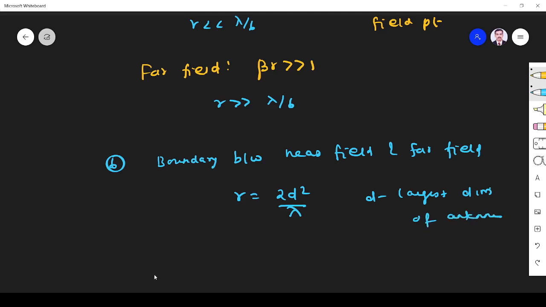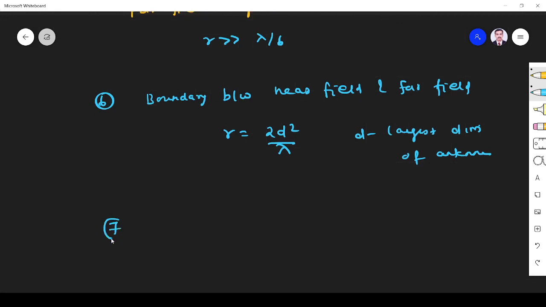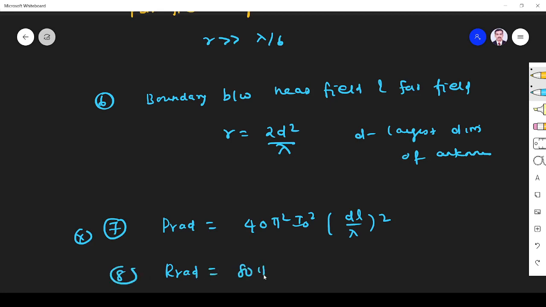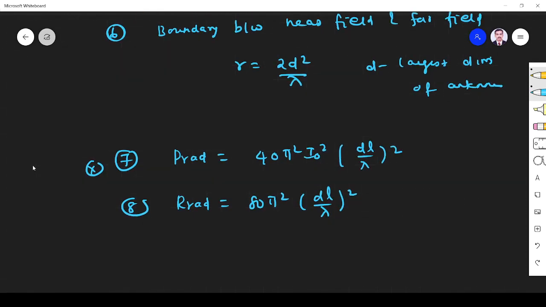Then the radiation distance, this is a very important point. Power radiated by the Hertzian dipole antenna is 40 pi squared I naught squared into dl by lambda whole squared. Similarly, radiation resistance of the Hertzian dipole antenna is 80 pi squared into dl by lambda squared. dl is the antenna length, lambda is the wavelength of the wave propagated by the antenna, and I0 is the current.